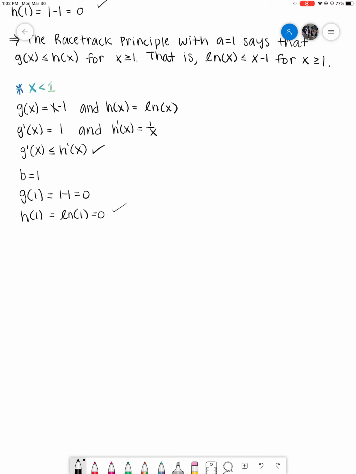Well, g of b is equal to h of b, and g prime of x was less than or equal to h prime of x. So the racetrack principle with b equal to 1 says that g of x is less than or equal to h of x.